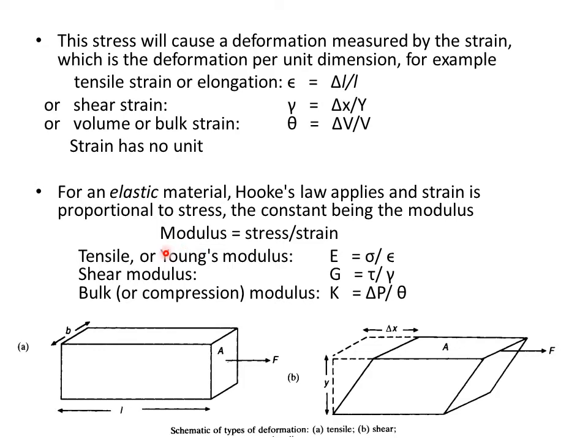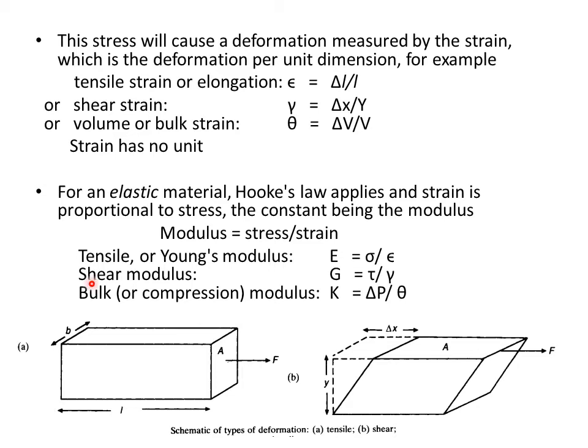The first one is the tensile or Young's modulus, represented by capital E, and it is calculated by tensile stress over tensile strain, sigma over epsilon. By doing this, we can calculate the tensile modulus or Young's modulus.